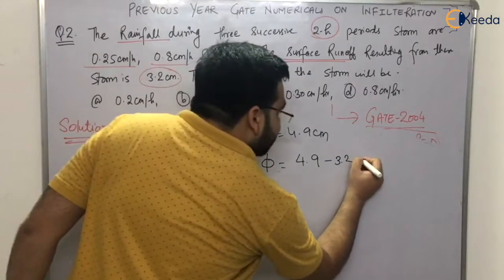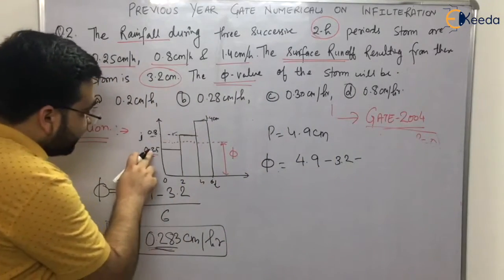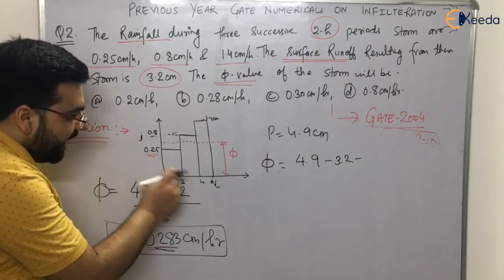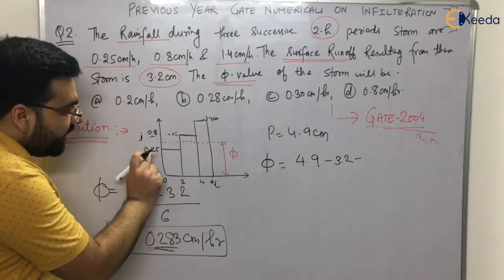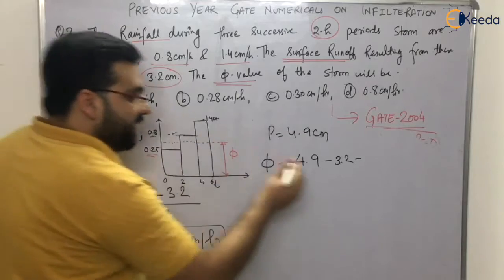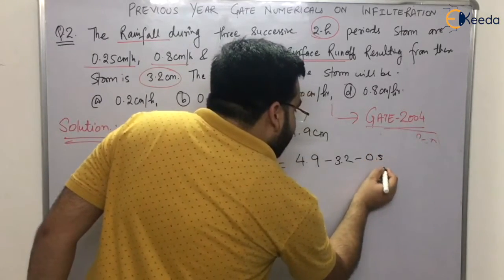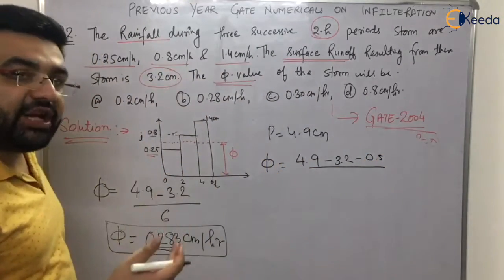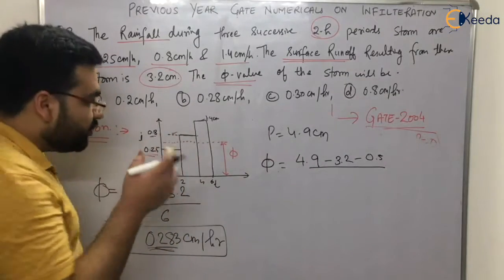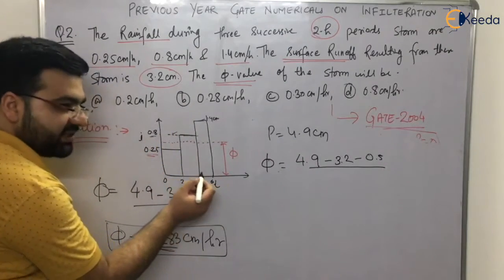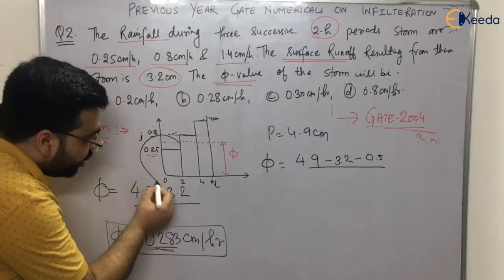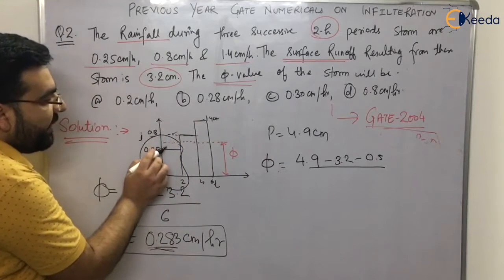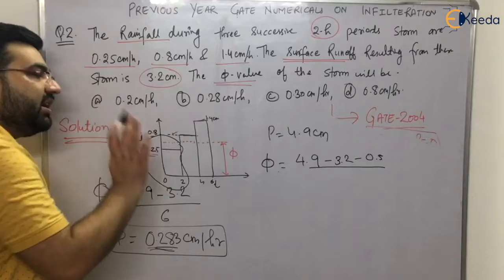So minus, how much will it be? 0.25 centimeter per hour for 2 hours. It will be 0.25 into 2, that is 0.5, right? Now, what is the effective time period? The time period will not be equal to 6 hours because in the initial 2 hours, the infiltration index is greater than the rainfall.